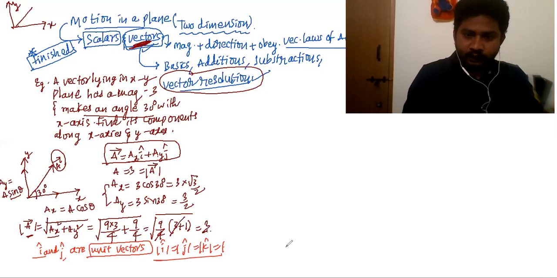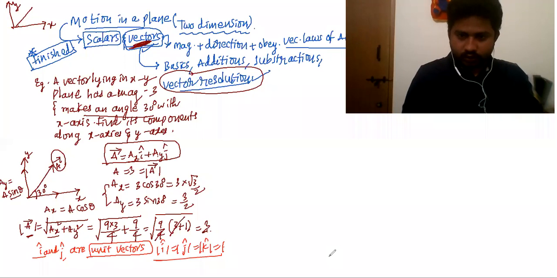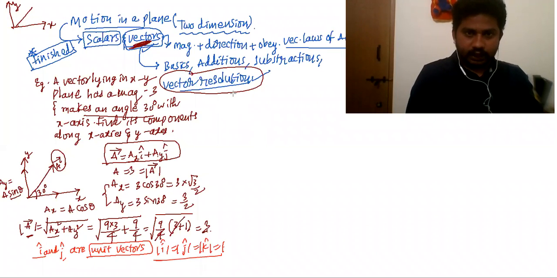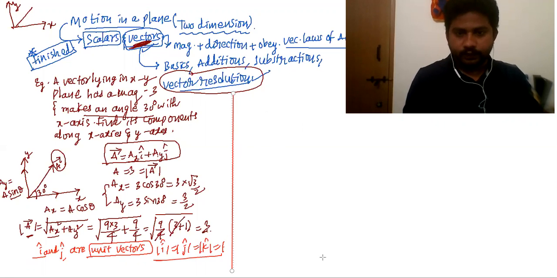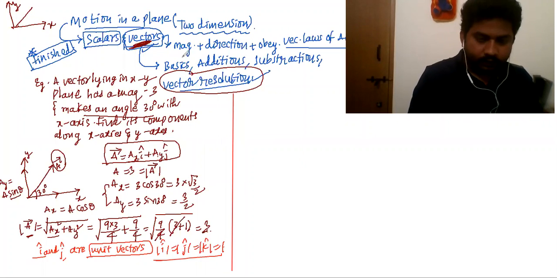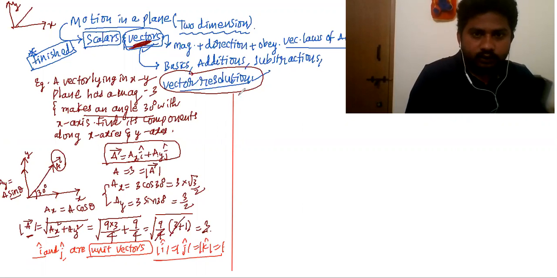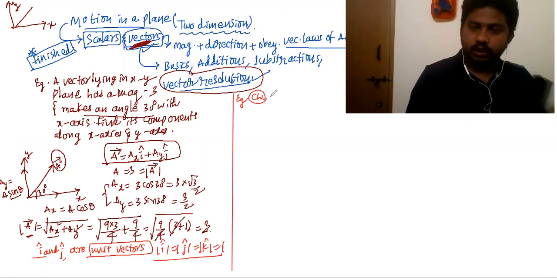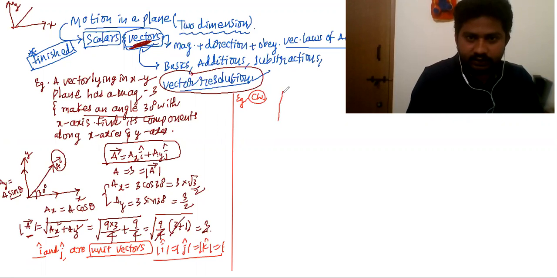Clear? Now, let me draw a line here so that I can give you a question to solve on your own. Are you ready? Let me give you an example question. This is the class work question for you. There is a vector given, my dear students.